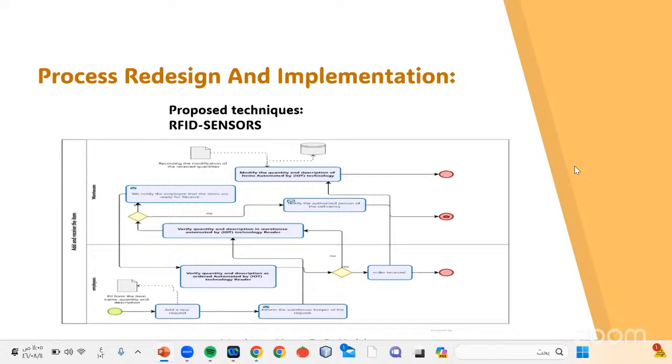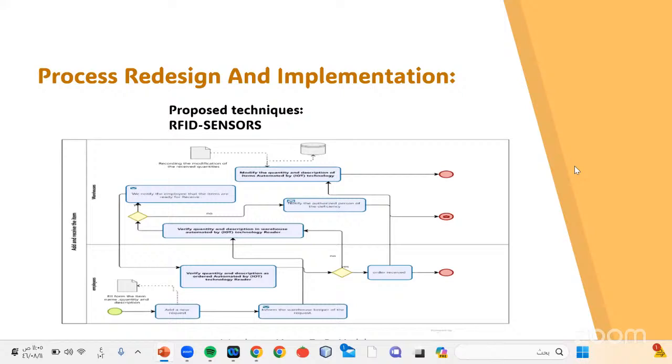If there is a discrepancy, the process reverts to verification. In case the requested item is unavailable, the authorized person is notified of the deficiency.